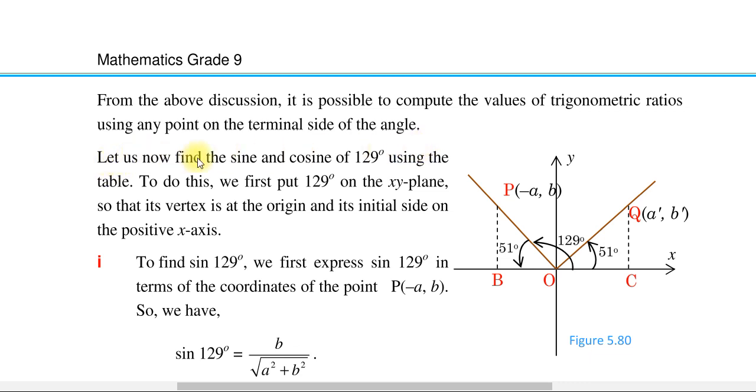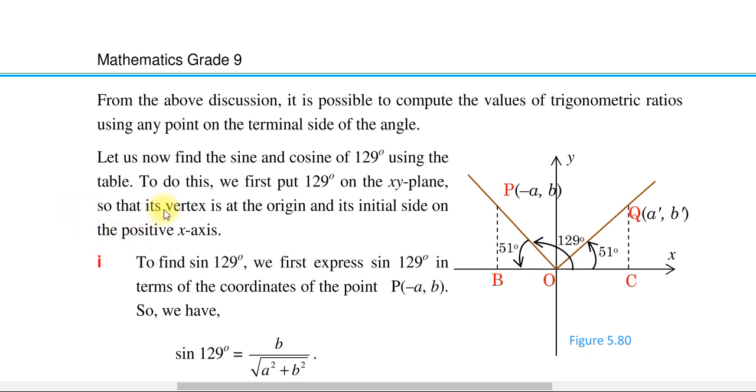Now, find the sine and cosine of 129 using a table. To do this, we first put 129 degrees on the xy plane. 129 degrees is an obtuse angle.